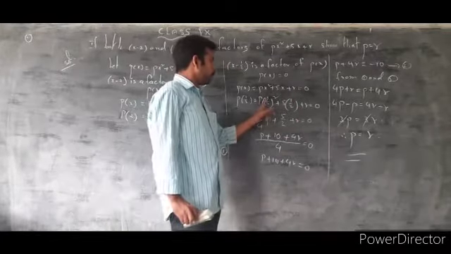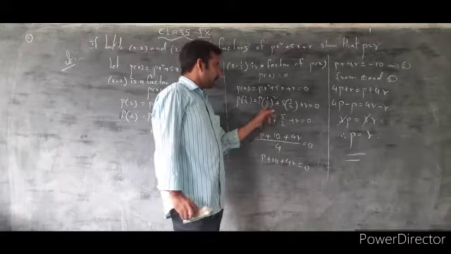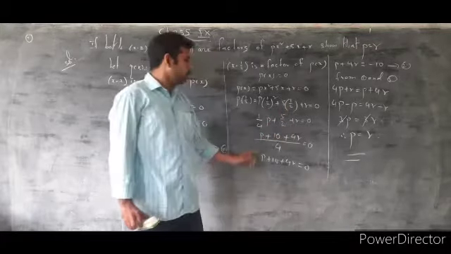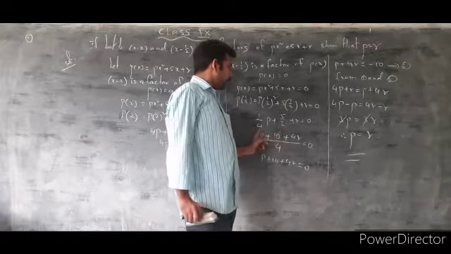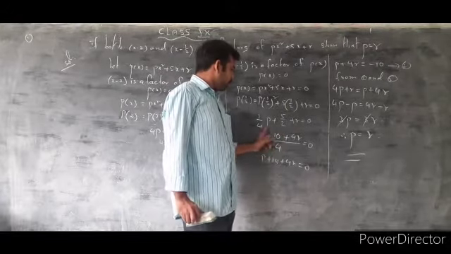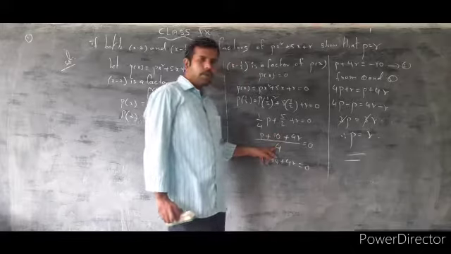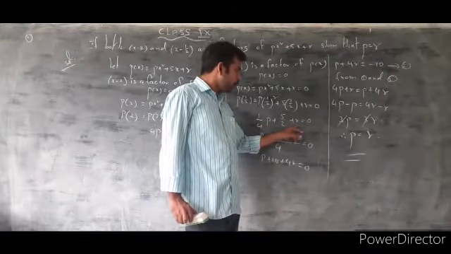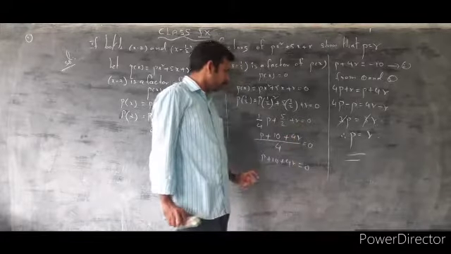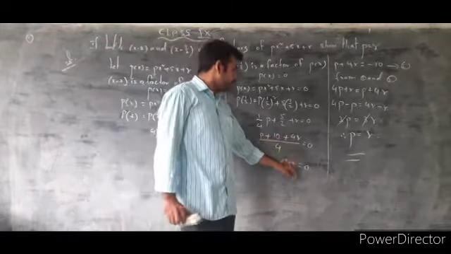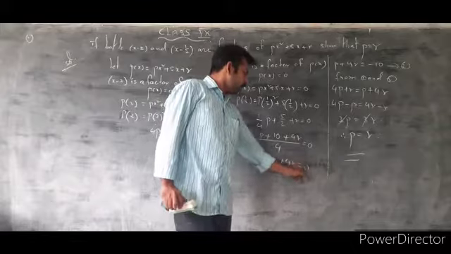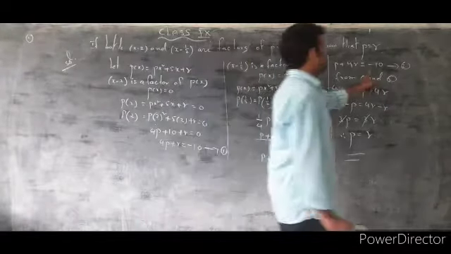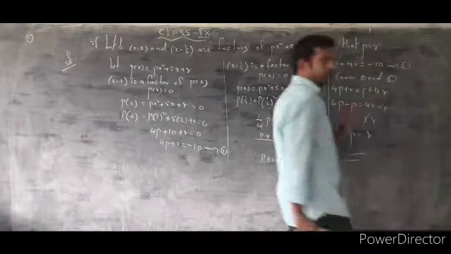Next p into 1 by 4 plus 5 by 2 plus r equal to 0. Here the LCM is 4. 4 by 4 is 1, so 1 into p is p, plus 2 times 5 is 10, plus 4 into r is 4r, equal to 0. P plus 10 plus 4r equal to 0, by cross multiplication. So p plus 4r equal to minus 10. This is equation 2.